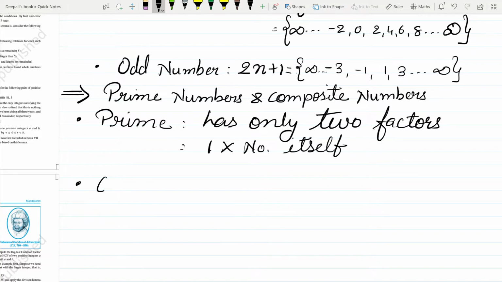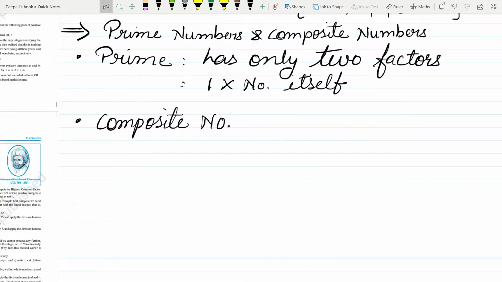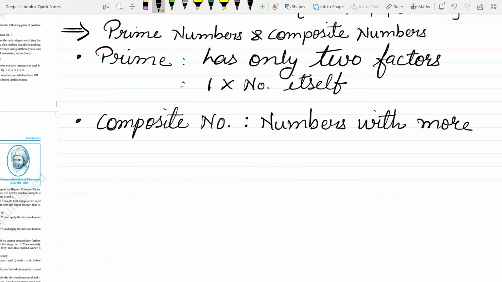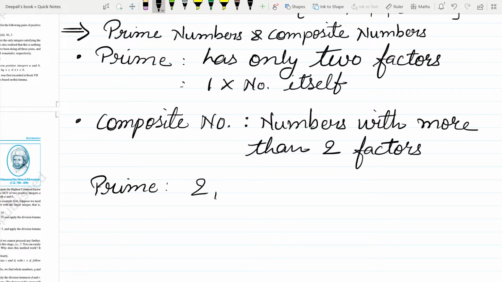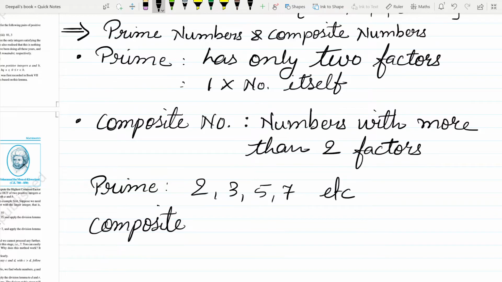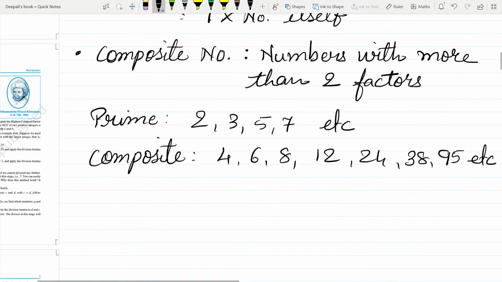And composite numbers are numbers which have more than two factors. If we take examples of prime numbers, they are 2, 3, 5, 7, etc. And composite numbers are 4, 6, 8, 12, 24, 38, 95, etc. These are all called composite numbers.